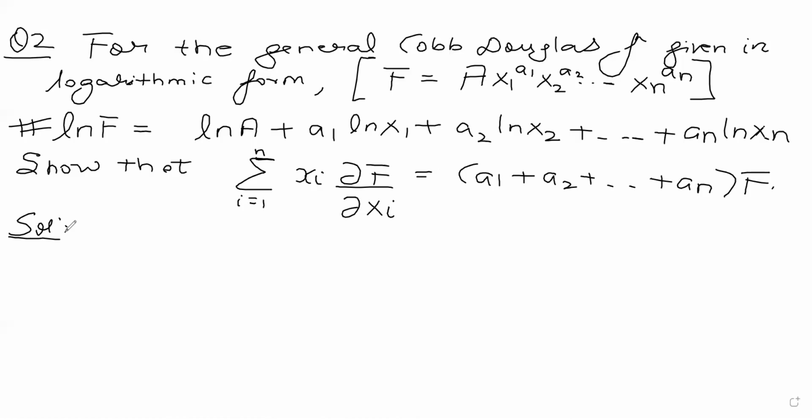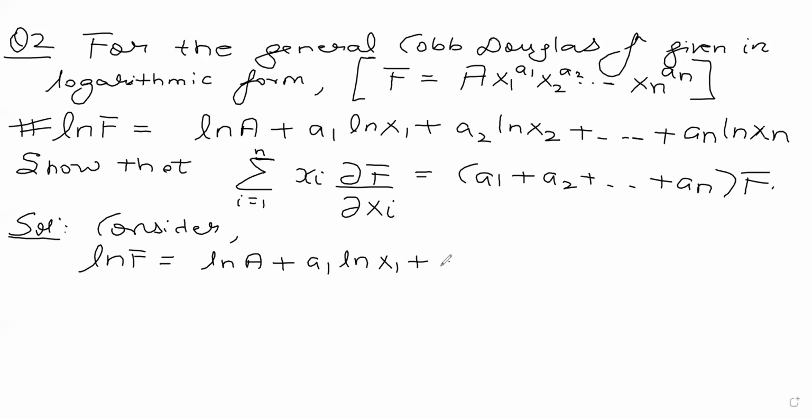So consider the logarithmic form given to us. Ln f is equal to ln a plus a1 ln x1 plus a2 ln x2 plus dot dot dot an ln xn.